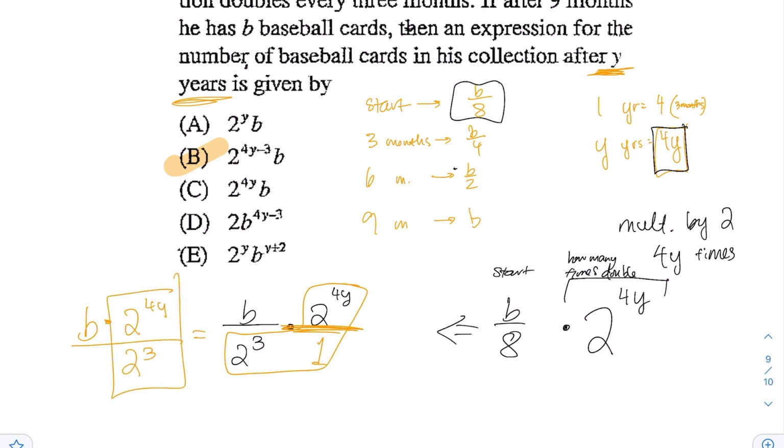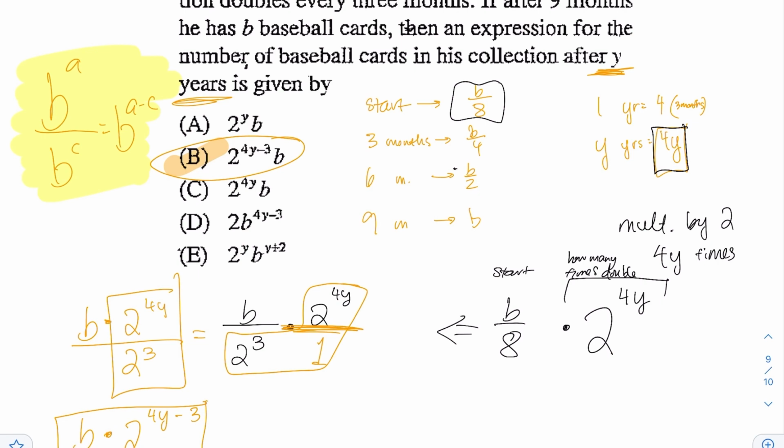And this is the part where you can use the law of exponents. X to the A divided by X to the C is X to the A minus C. You want to subtract the exponents when you divide. So this would be B times 2 to the 4Y minus 3. You want to subtract these two exponents. And that's why the answer is choice B. That's why you have to subtract 3 from the exponent there, because it's really this 8 that you're dividing by.